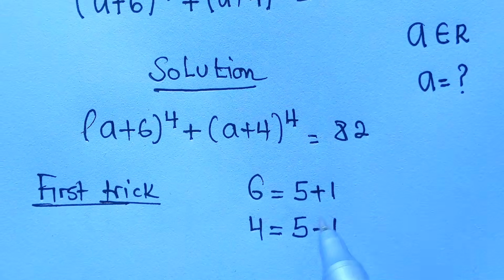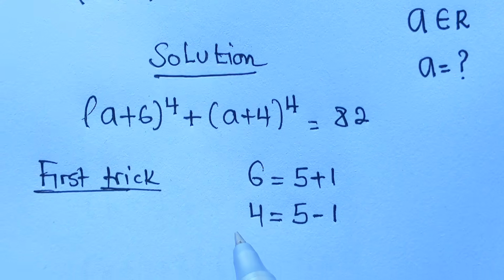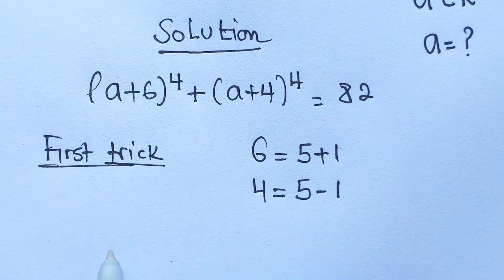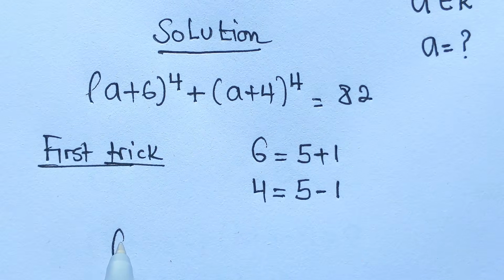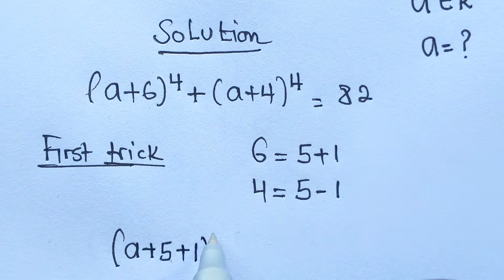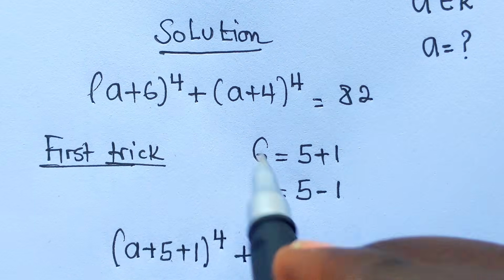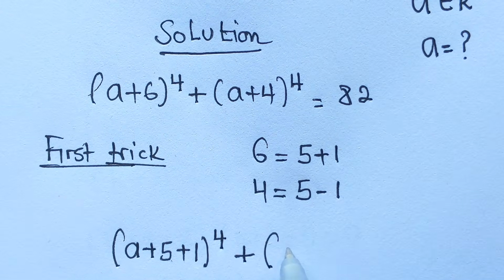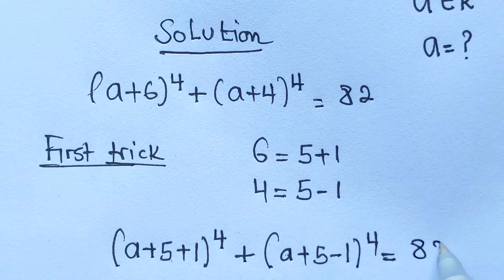We substitute these values of 6 and 4 into the equation to get (a + 5 + 1)^4 + (a + 5 - 1)^4, which is equal to 82.